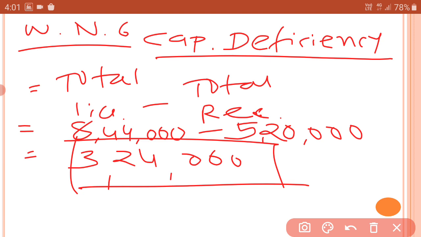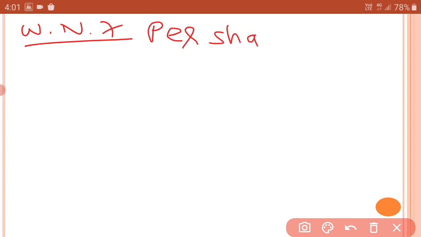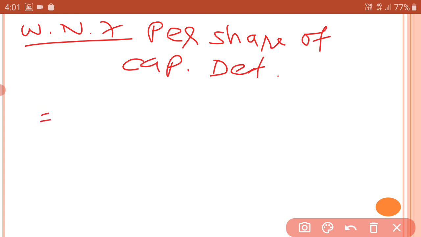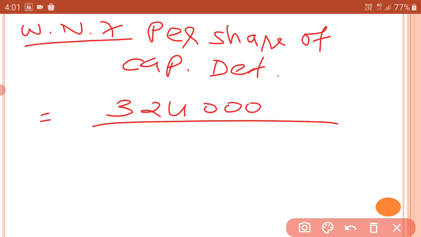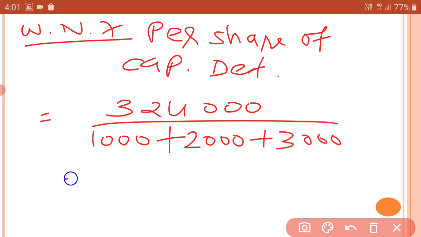After that 3,24,000 capital deficiency, then working note 7, share of capital deficiency. 3,24,000 divide by A equity share is 1,000 plus B equity share 2,000 plus C equity share 3,000.